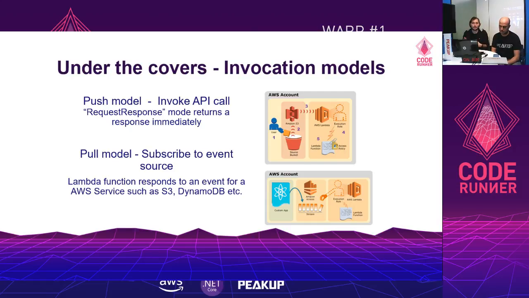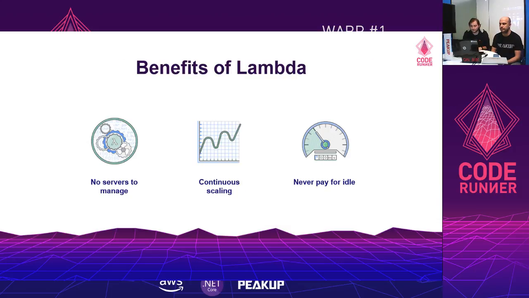The push model is the request one, when you request it to run, and you can trigger it using S3, DynamoDB. Maybe you can say, if some file is added to the S3 bucket, run. So you can say things like that.